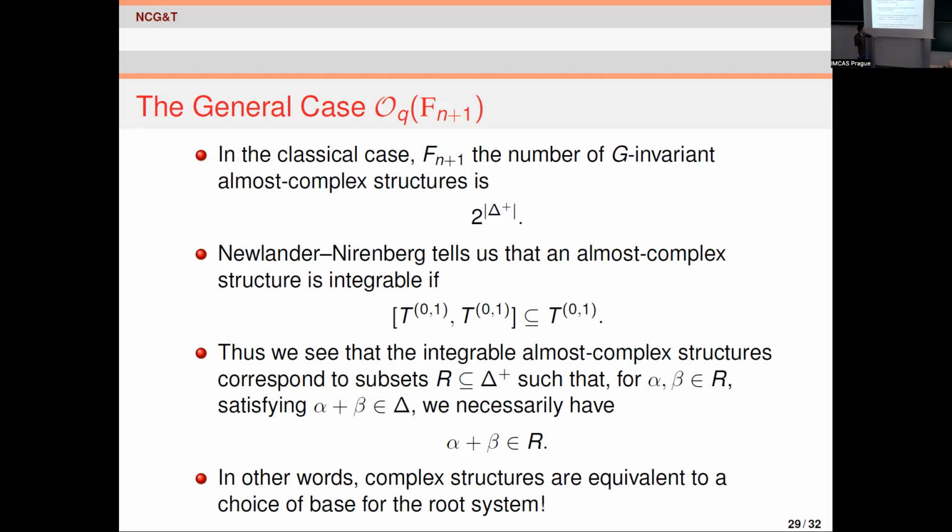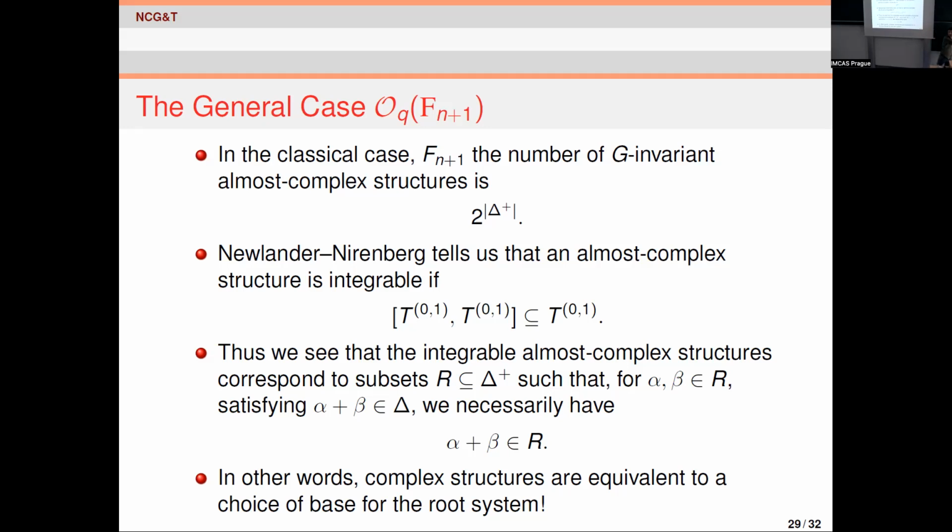If you think about that for a second, and you know a little bit about root systems and Lie theory, you'll see that this integrability of one of these almost complex structures is the same thing as choosing a base for your root system. If you don't know anything about root systems, in the classification of Lie algebras, you basically take your Lie group, turn it into a Lie algebra, and then associate to it a root system.